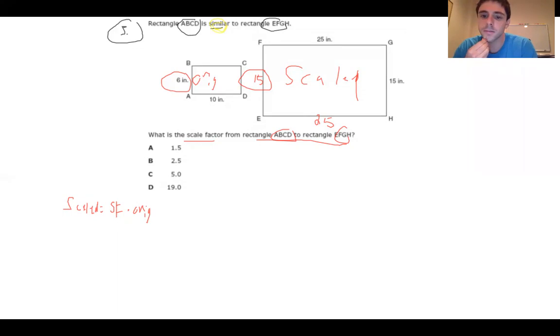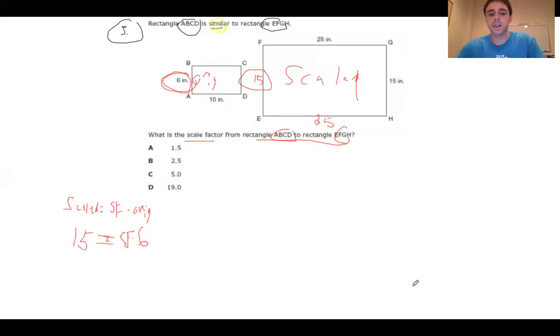So our original is going to be ABCD, so that's going to be 6 inches right here. And multiply our scale factor by that. That's going to be equal to our scaled side. Oops, that should be an equal sign. Our scaled side, which is going to be 15.